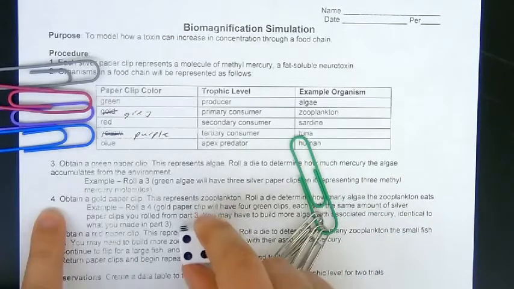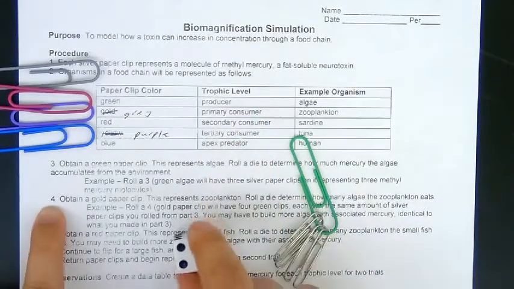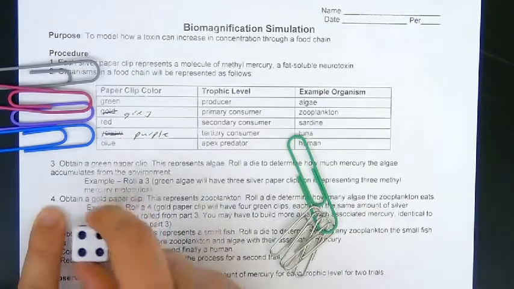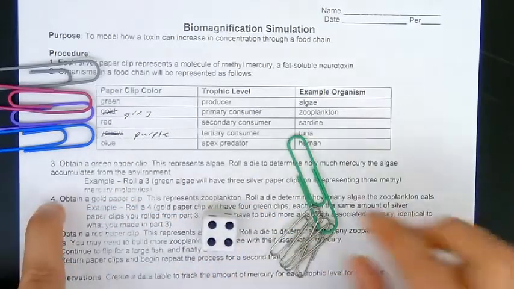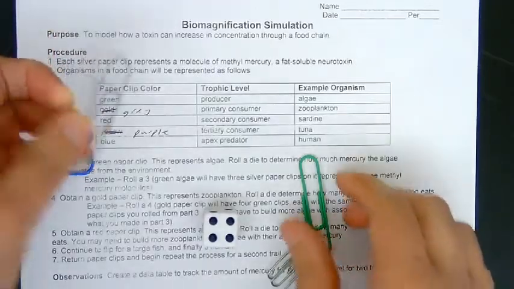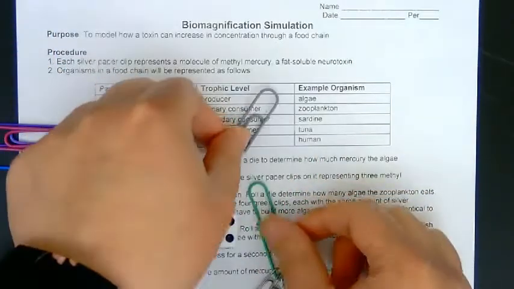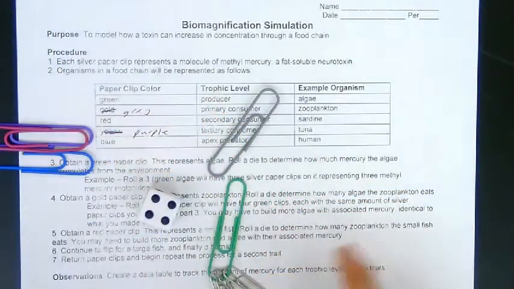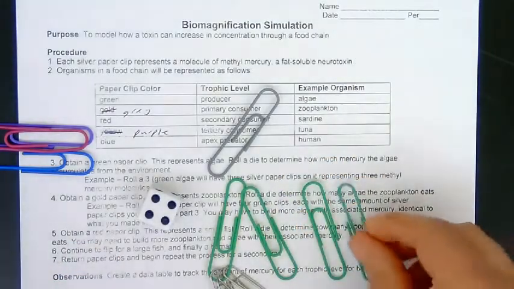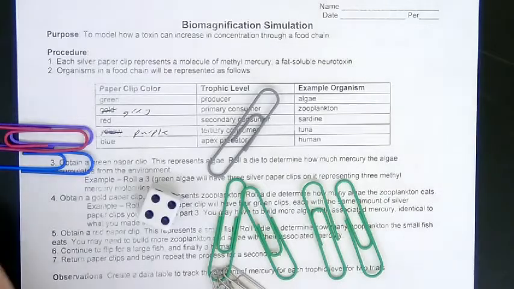So this algae is always carrying 4 units of mercury. Next I'm going to roll to determine how many algae the zooplankton is going to eat. I roll a 4 again. So my primary consumer, my zooplankton, is going to eat 4 algae. So I'm going to have to make 3 more of these algae, each of them with 4 units of mercury attached.